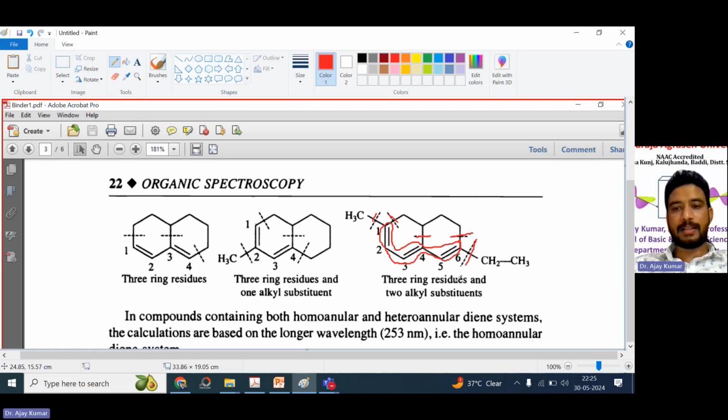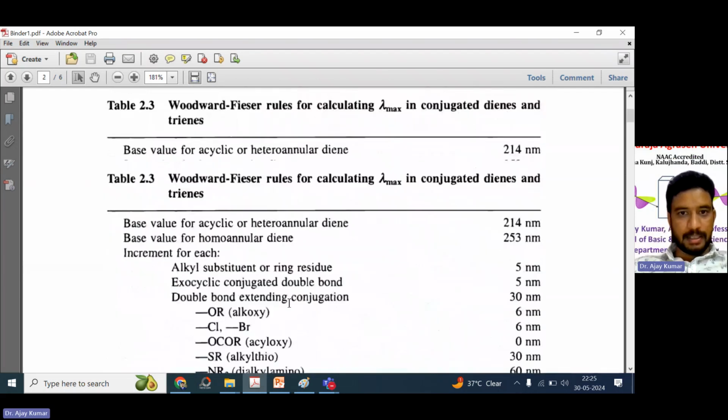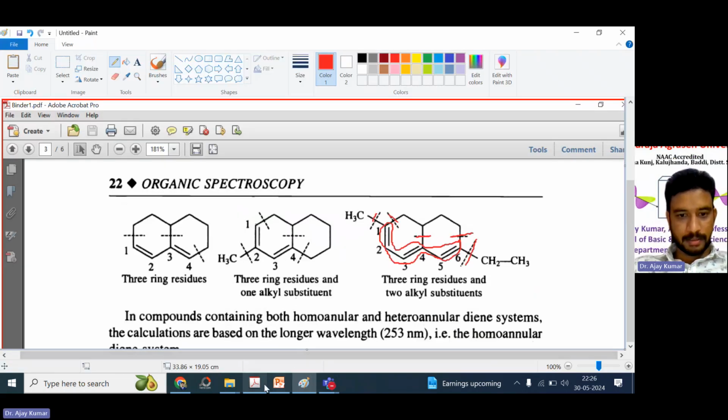So here total is 5 ring residues or alkyl. We can add all these ring residues or alkyl substituents together because the increment for these is the same. The increment for alkyl substituents or ring residue is 5 nanometer, whether it is alkyl substituent or ring residue. So we have to add 5 nanometer in the base value. Okay, moving to the next.